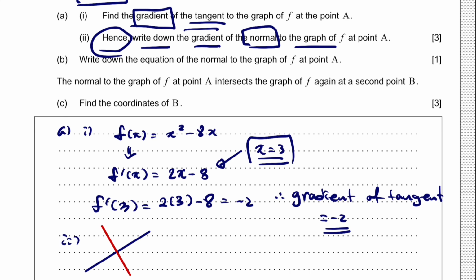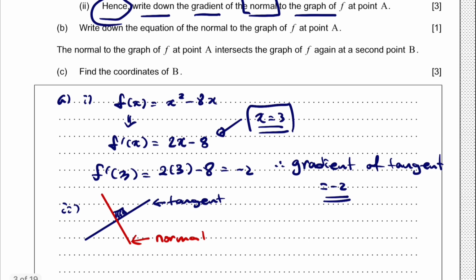We can say this is our normal line, and the blue one is our tangent line. Normal is perpendicular to the tangent, so we can use m1 times m2 equals minus 1. If m1 is the gradient of the tangent, then m2 is the gradient of the normal line.